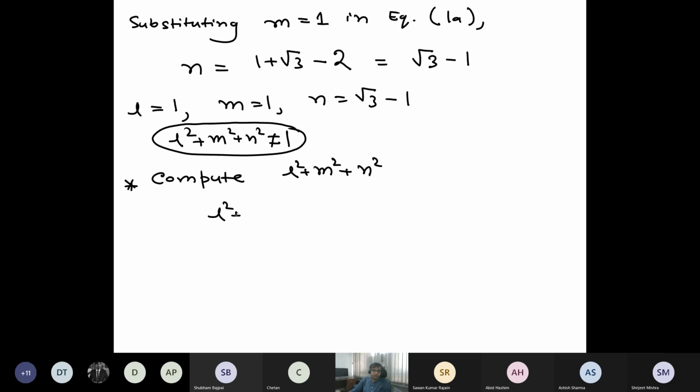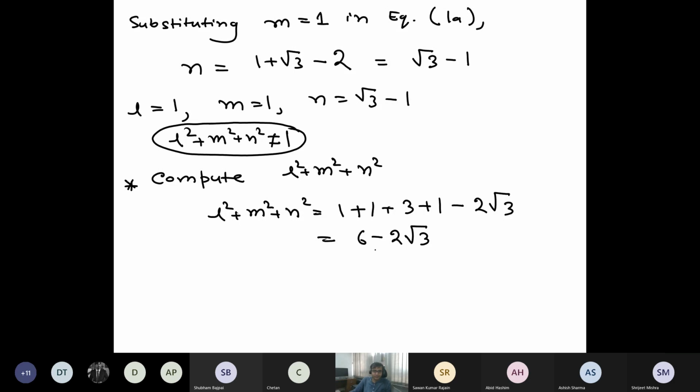So L square plus m square plus n square is equal to 1 plus 1 plus root 3 minus 1 whole square. So it will be 3 plus 1 minus 2 root 3, which is equal to 6 minus 2 root 3.